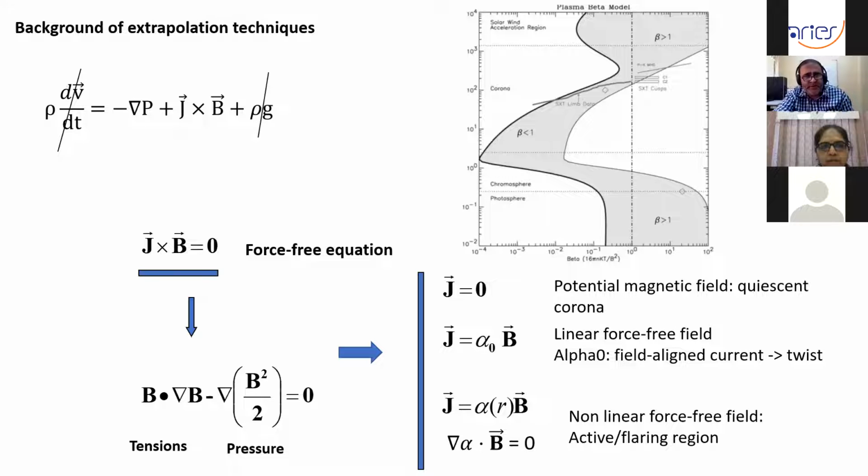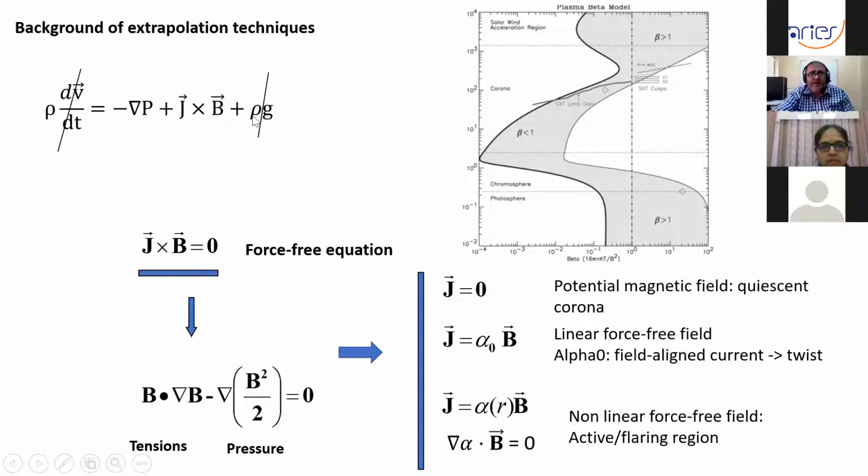It's a quiescent corona, so that you can neglect the acceleration term. This is simply Newton's law. You have acceleration on the left hand side, and on the right hand side, you have all the forces. So P is the kinetic pressure, J cross B is the Lorentz force, and rho G is obviously the gravity.